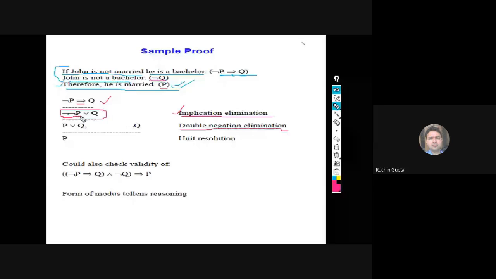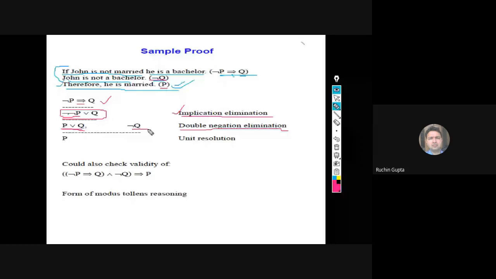So it means that P or Q is true, and we are also given that negation of Q is true. Now I apply the unit resolution rule.